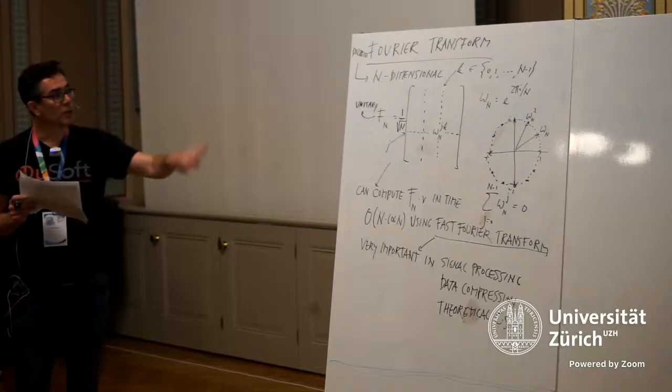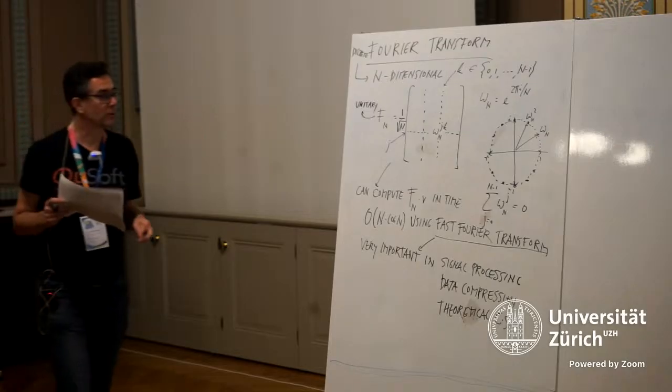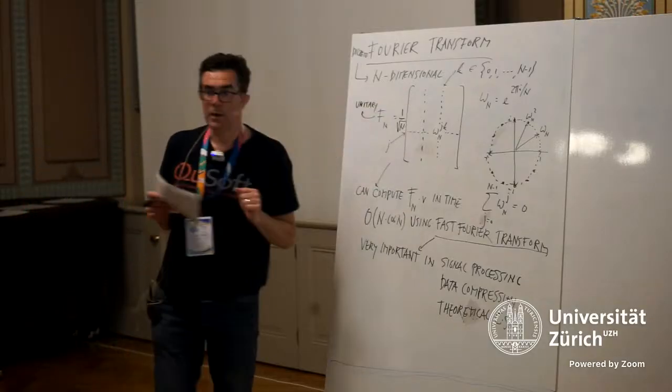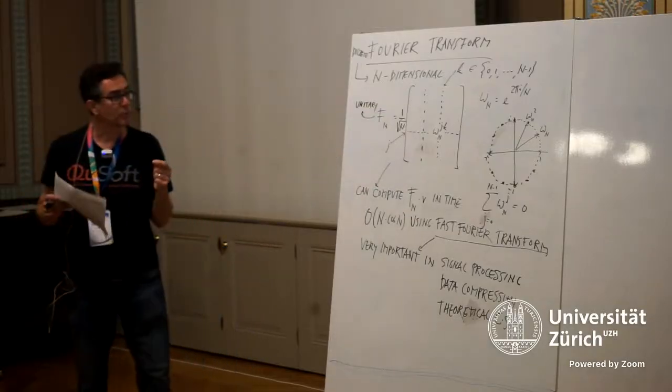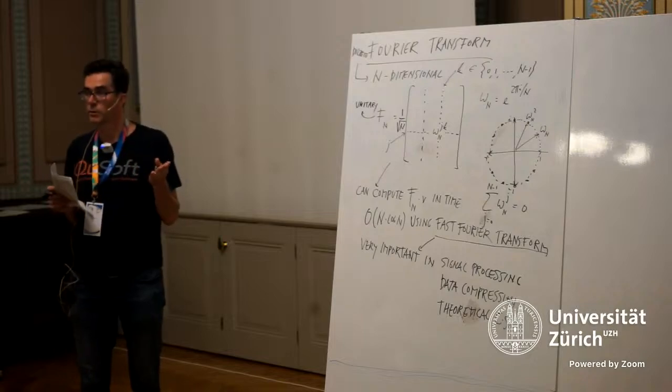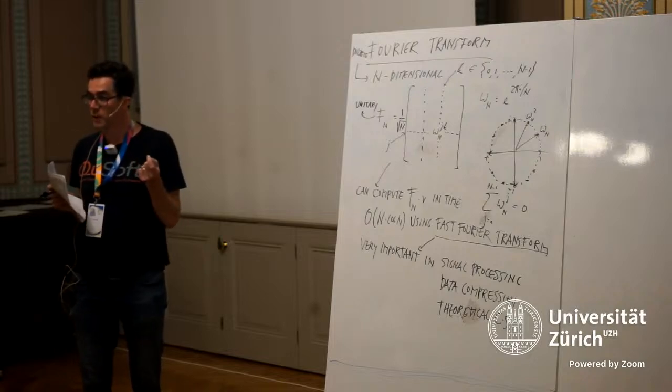Okay, but this is all classical. And now I want to make the step to quantum. This is a unitary matrix, so we can interpret it as a quantum operation, an operation on a capital N dimensional space.